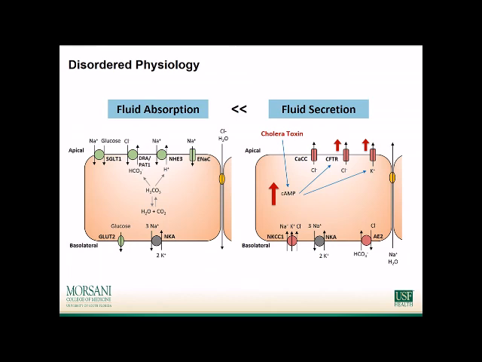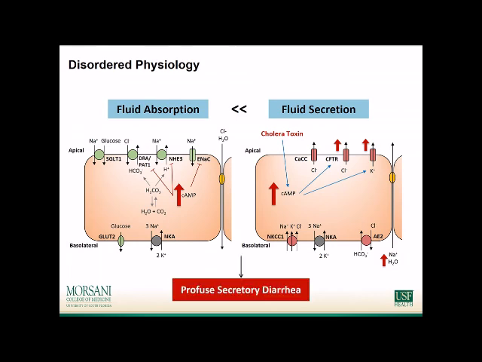You end up with increased sodium and water movement paracellularly, ultimately leading to that profuse watery diarrhea. And then also we know that an increase in cyclic AMP is also able to inhibit these transporters that are important for sodium absorption. And so we really have two things happening at once, causing this elevation of fluid secretion and a decrease in fluid absorption, leading to the profuse secretory diarrhea.